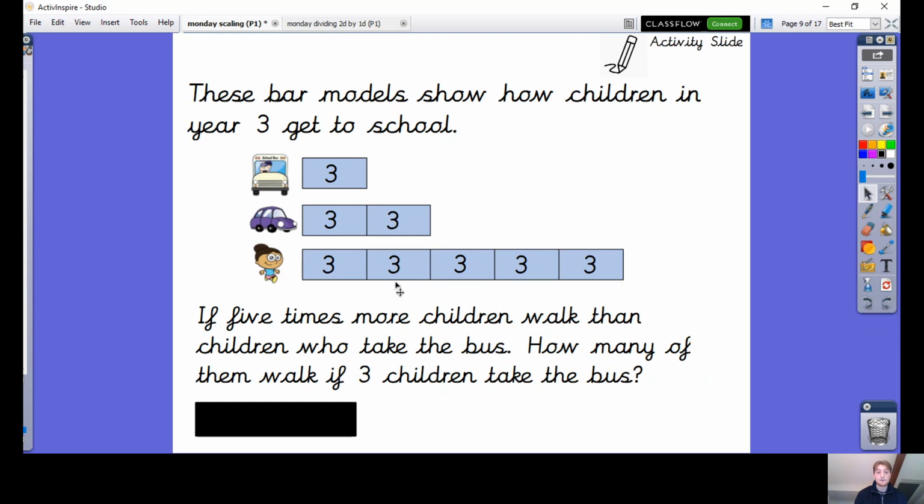And then 5 lots of 3 children walk. So this is the question I would like you to answer. If 5 times more children walk than children who take the bus, how many of them walk if 3 children take the bus? So use this bar model here to help you. So pause the video and have a go at answering that now.